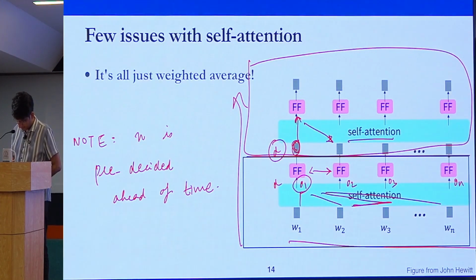Okay, let me cover that a little bit here. One other concern with the model is that there is no positional information encoded. We don't know what is a third word versus a fourth word versus a 10th word.